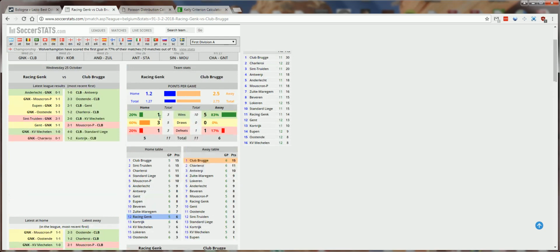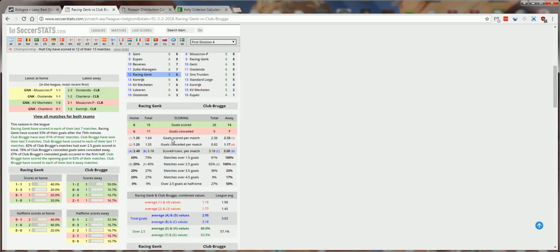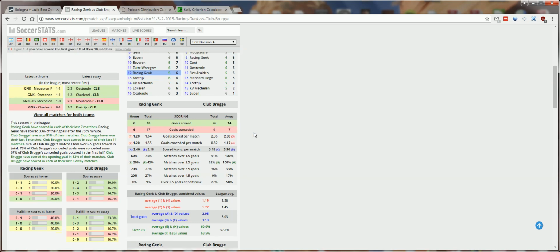Look at that here, you can see at home Genk have won 1, drawn 3, lost 1. Club Bruges have won 5, lost 1. So I would say Club Bruges should be favoured, just on the stats like that. You can see Genk have scored 6 at home, conceded 6. Bruges have whacked in 14 and conceded 7. So I'd still say that Bruges should be favoured.